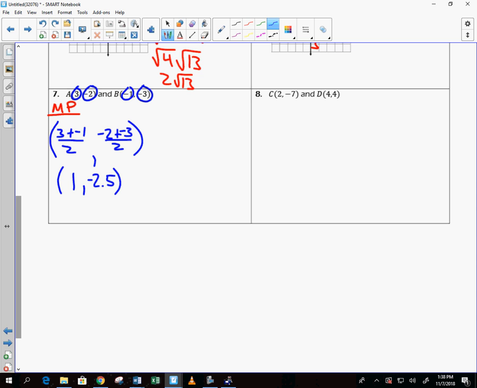Okay, the second thing we're going to do is find the distance. And when we find the distance, we set up our formula. Distance equals the square root of x sub 1 minus x sub 2 quantity squared plus y sub 1 minus y sub 2 quantity squared.